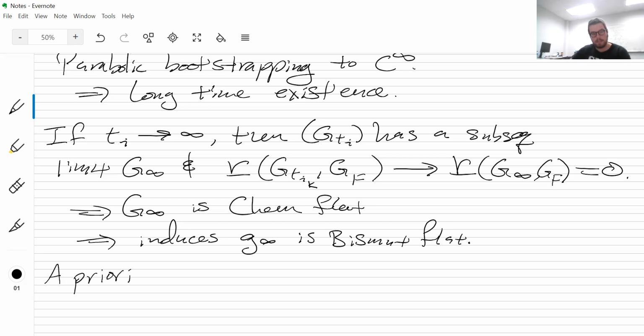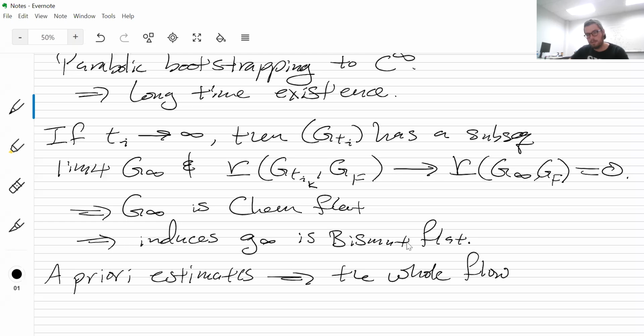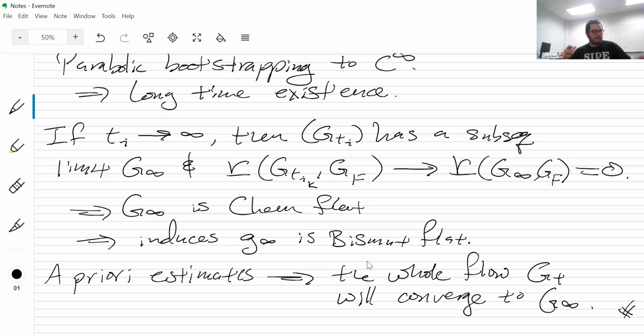The a priori estimates will imply that the whole flow will converge to g infinity. Okay, and that's kind of one of the main results of the paper.